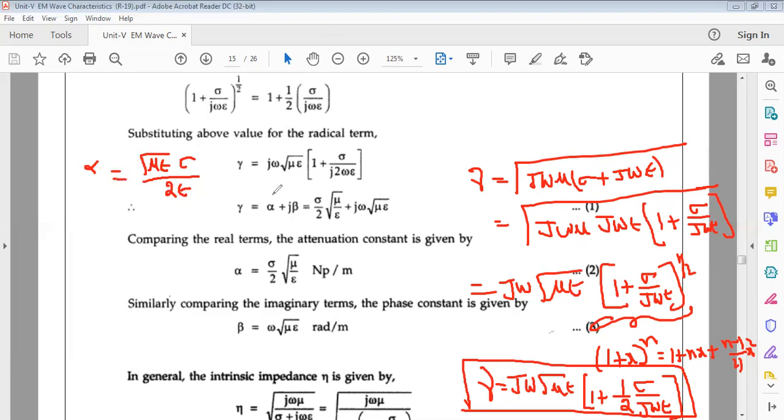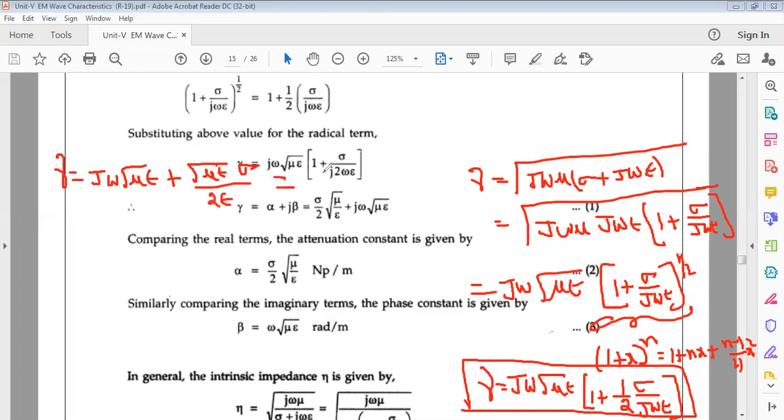Otherwise I will write all the equations. Gamma is equal to, first of all, j omega under root of mu epsilon plus, multiplying here the j omega gets cancelled, under root of mu epsilon into sigma, whole divided by 2 into epsilon.